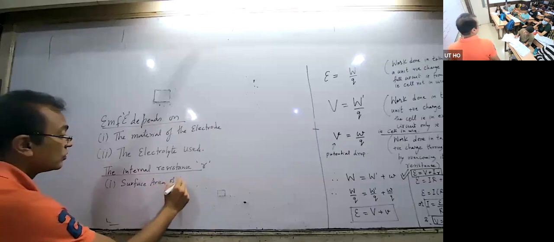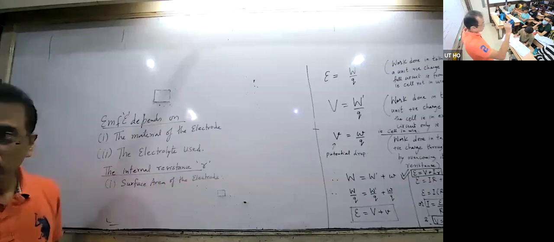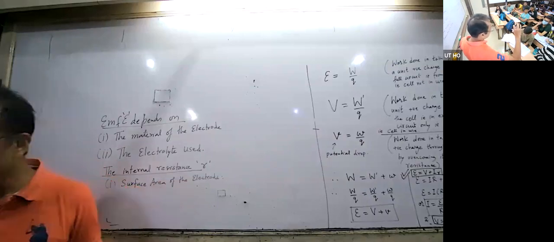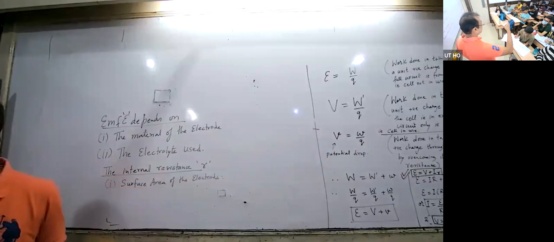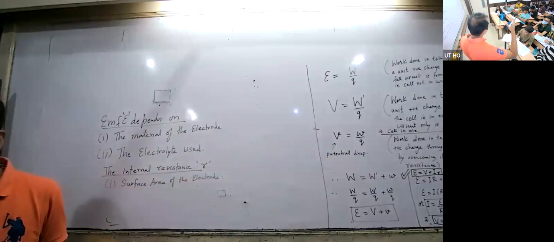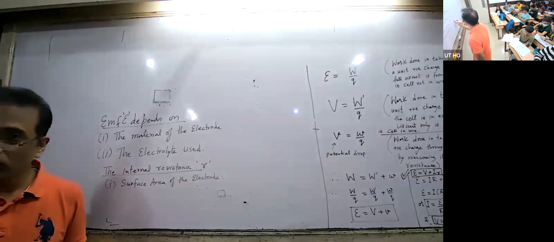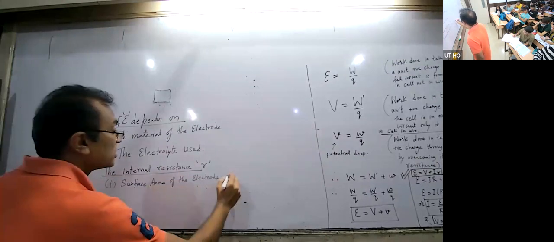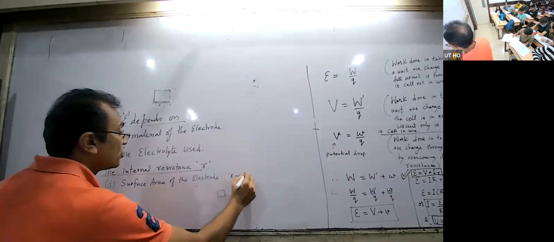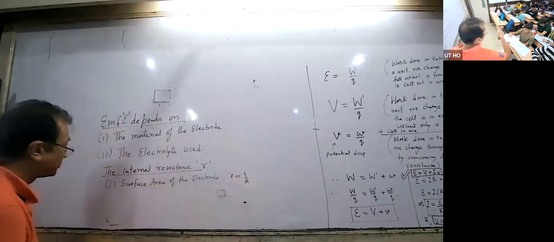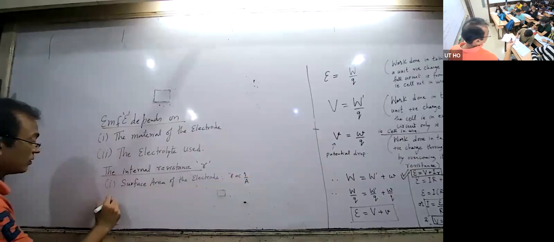How will it depend? If I had shown you, the electrode could be in a plate form. So it will have a large surface area. When the surface area is more, the resistance should be less, right? So R is inversely proportional to surface area. Second, if the distance between the electrodes is more, then the resistance should be more, right?